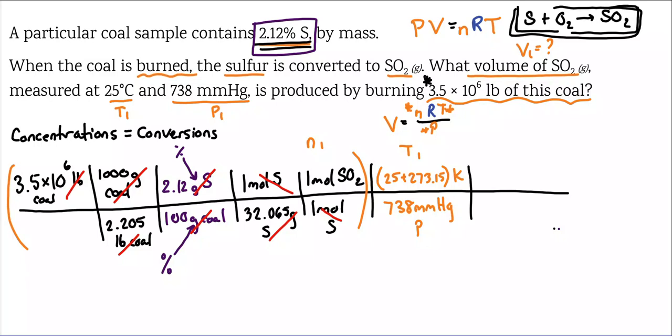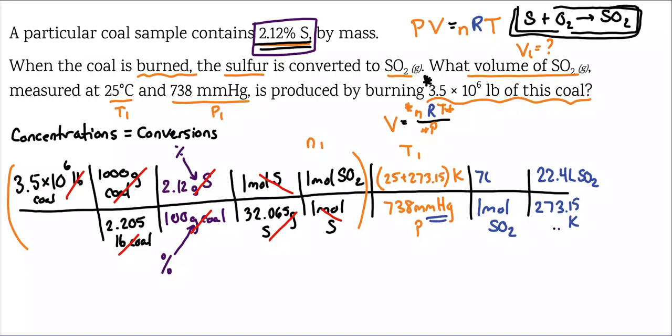Our customized R value needs to cancel out all of the units like Kelvin, millimeters of mercury, and moles. Our customized R value is based off of our mole conversion of 1 mole equaling 22.4 liters at standard temperature and pressure. Standard temperature is 0 degrees Celsius or 273.15 Kelvin.